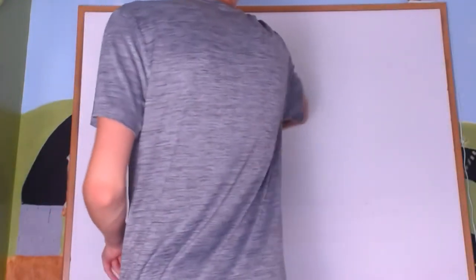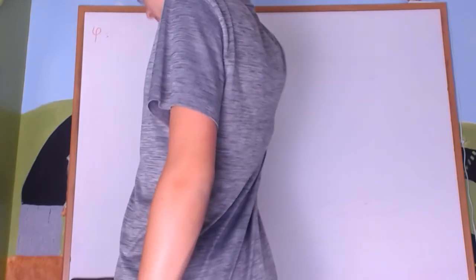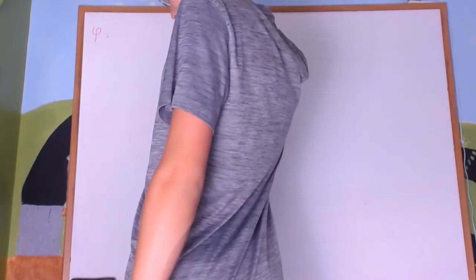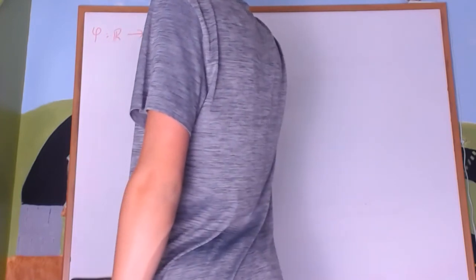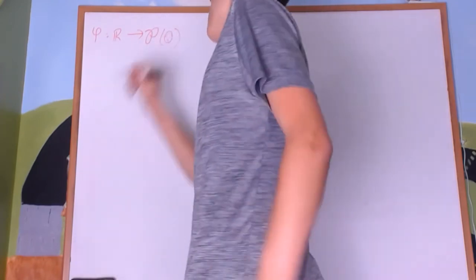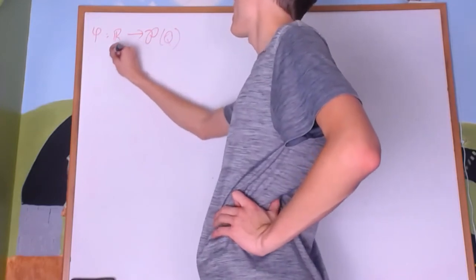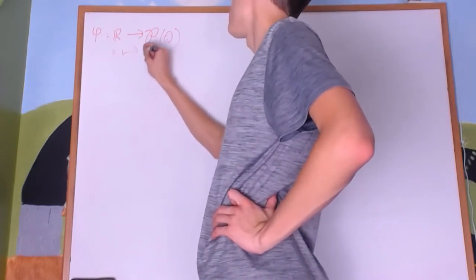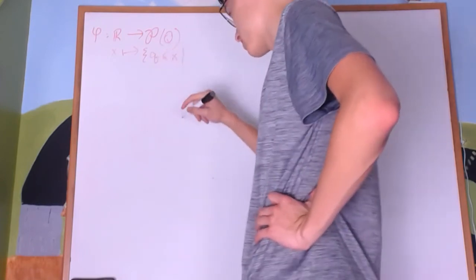Alright. So you have phi, which takes you from the real numbers to the power set on the irrational numbers. What you do is you send number x to the set of values less than or equal to x.